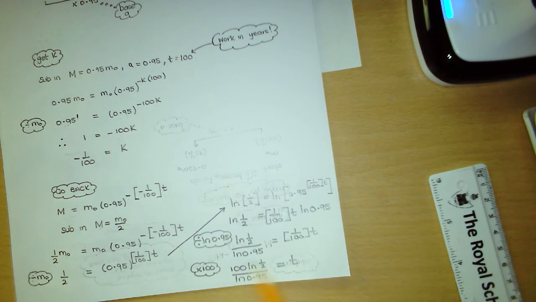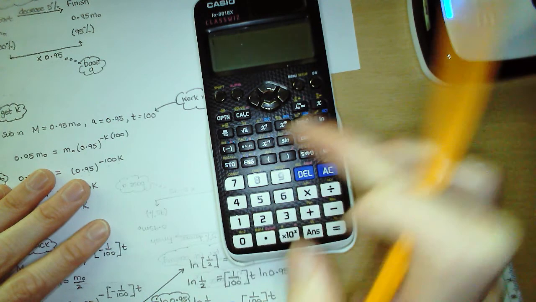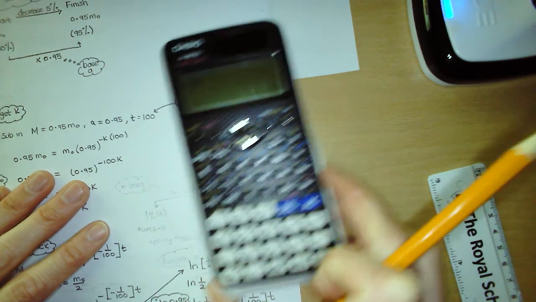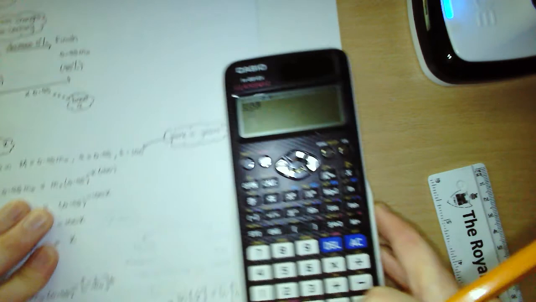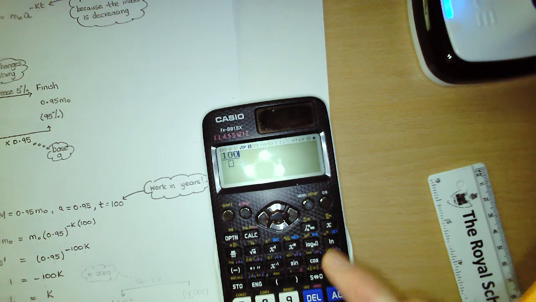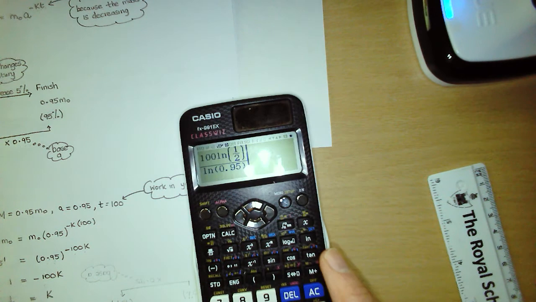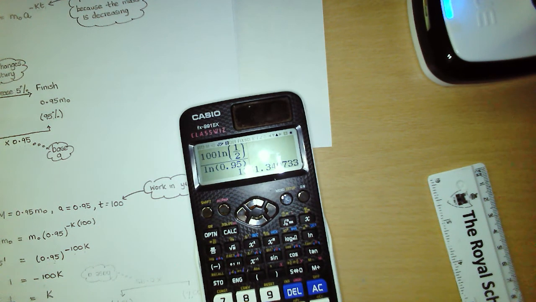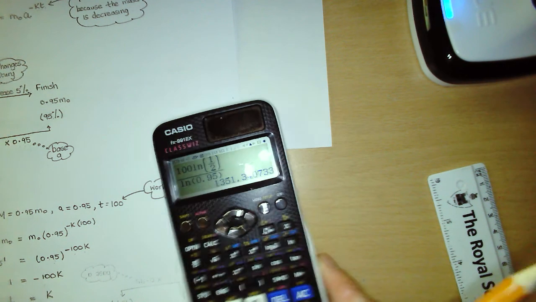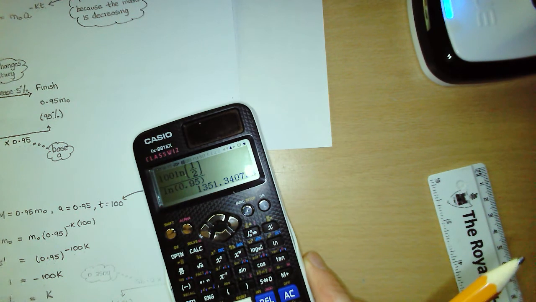So at this stage we can go to our calculator and evaluate t, and remember t will now be in years. So we're typing in 100 times the natural log of a half, and then that's all over the natural log of 0.95. Okay, and then hit equals. So we're going to get 1351.3407.